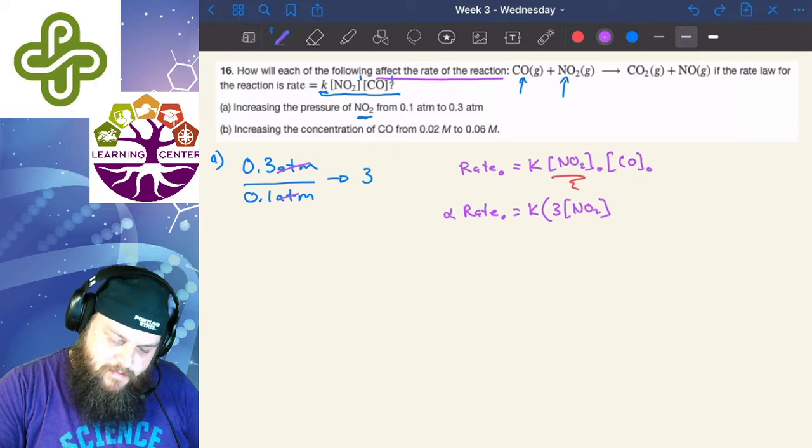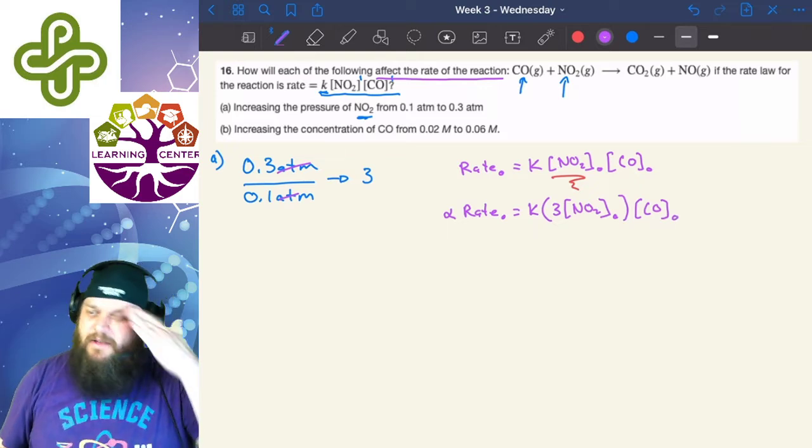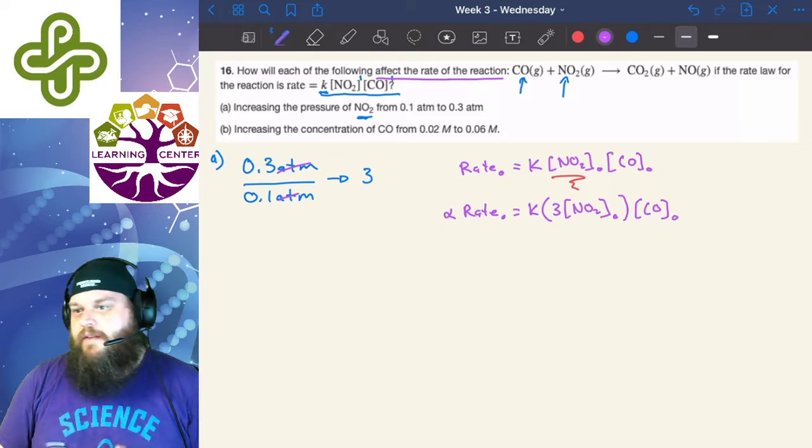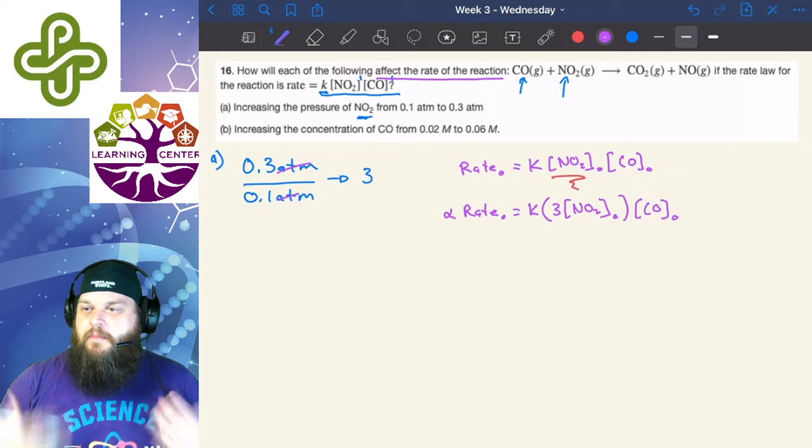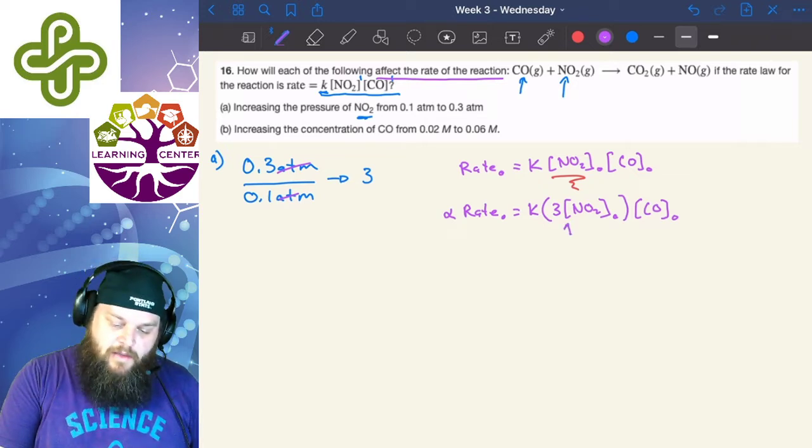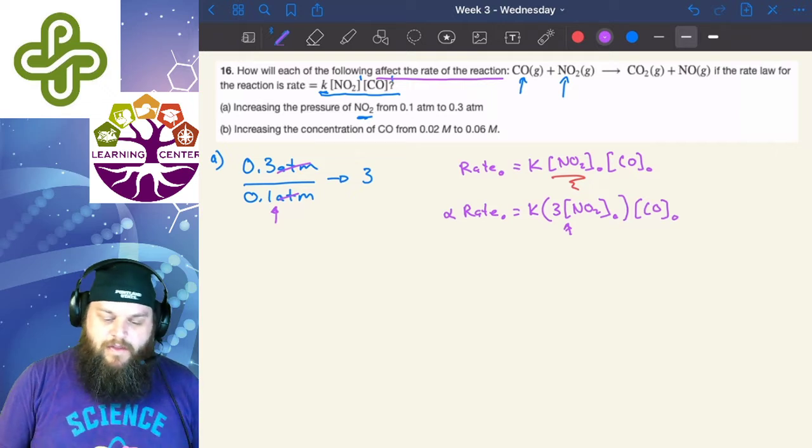And then multiply that by the concentration of CO gas initial. The CO gas isn't really changing in this, so we don't really need the initial, but it's all those initial rates plus I'm multiplying in what's changing. And then I can solve everything based on that.